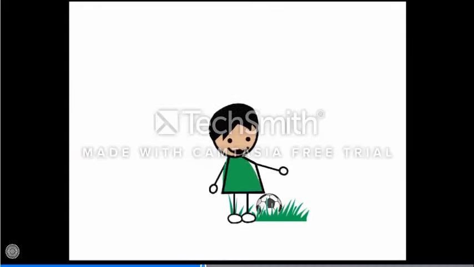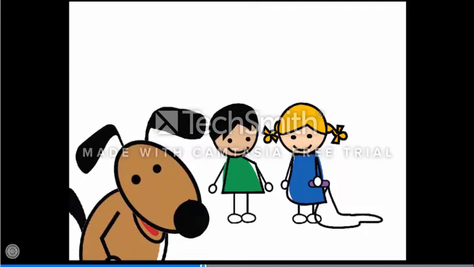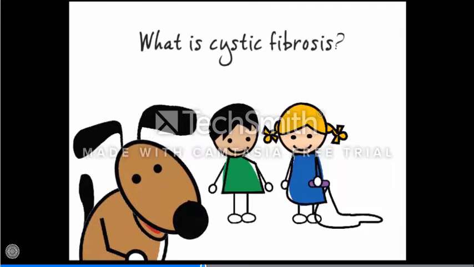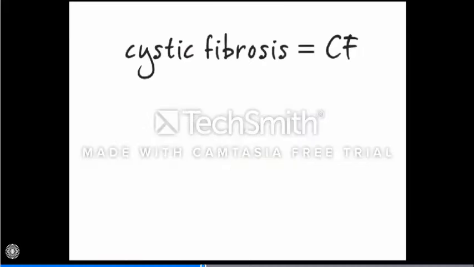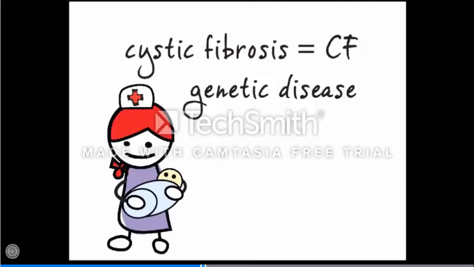Hi, my name is Felix, and I have cystic fibrosis. Hi, my name is Fiona, and I have cystic fibrosis. Hi, Charlie! What is cystic fibrosis? Cystic fibrosis, or CF, is a genetic disease. That means we're born with it.